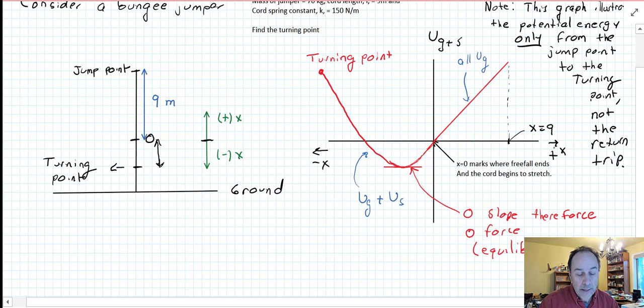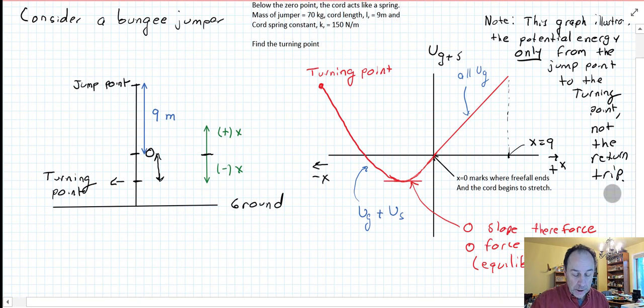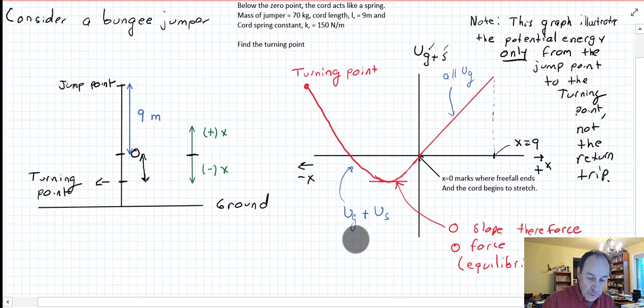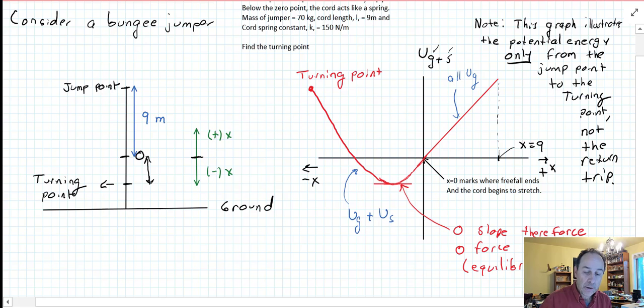What we've done in this diagram, the potential energy diagram, is we've turned that 90 degrees. So x is positive to the right, x is negative to the left, and we're dealing with the potential energy due to gravitation and springs, the sum of that. Okay, so potential energy from two sources. So the graph illustrates the potential energy only from the jump point to the turning point.